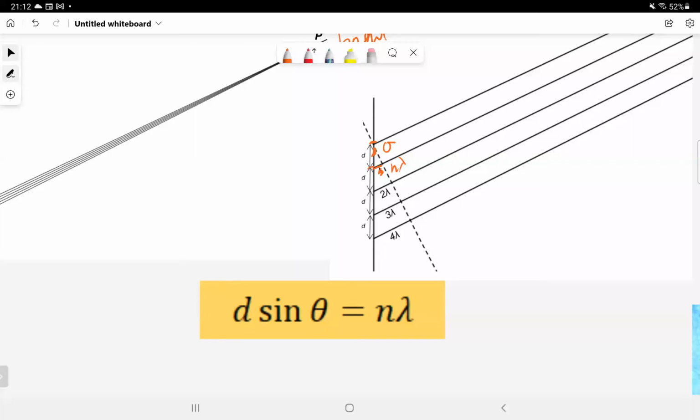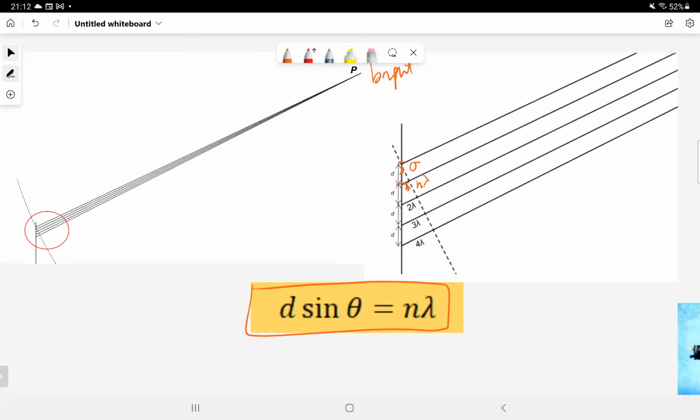So in order for all of them to constructively interfere, you don't need to consider all of the slits. You just need to consider whether 2 adjacent slits can fulfill the condition or not. And the condition for 2 adjacent slits, isn't it just double slit? So this formula applies to 2 adjacent slits, and it applies for all slits. And this is the diffraction grating equation.